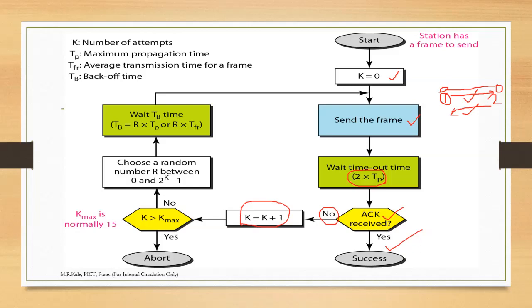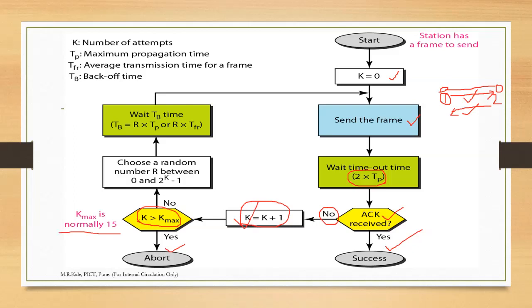Now, how many times can you retransmit a frame? For that, there is a limit. Usually, the limit is set to 15. That is, after the first transmission, if it is unsuccessful, 15 more times the data frame can be sent over the channel. So here, after incrementing K, the system will check whether it has crossed the maximum limit.